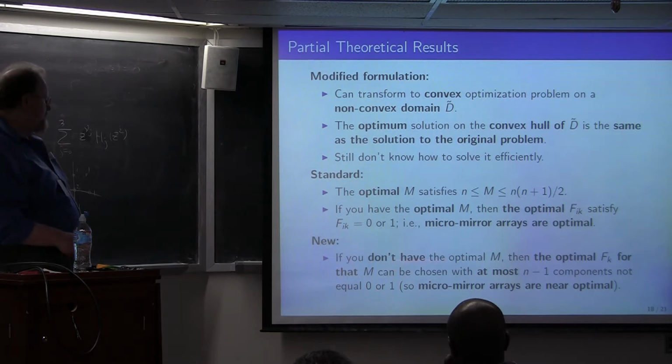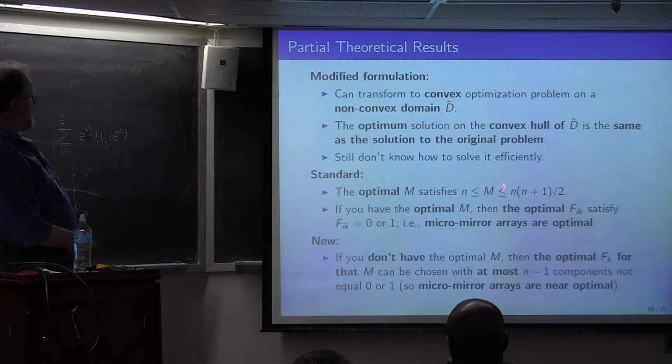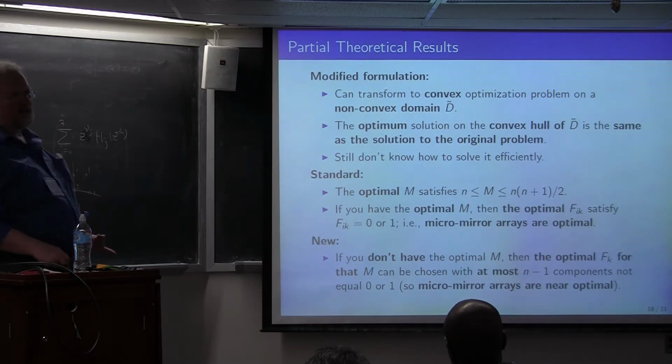Anyway, here's something that we can show. If you don't have the optimal M, then the optimal Fk for that M, so you fix the number of measurements. Say I have 3 chemicals, I'm going to take 3 measurements, I'm going to fix them. Then the optimal filters can be chosen with at most n-1 components not equal to 0 or 1.